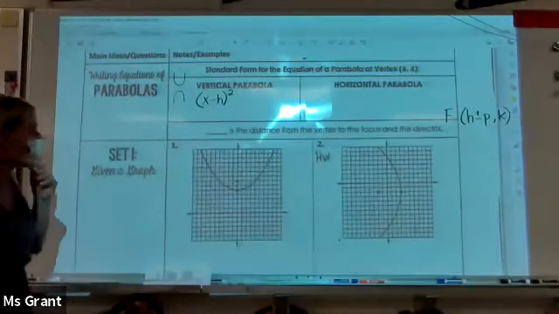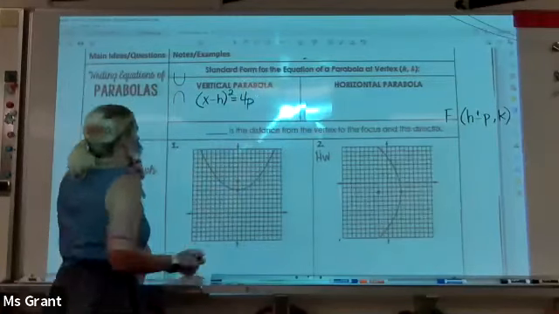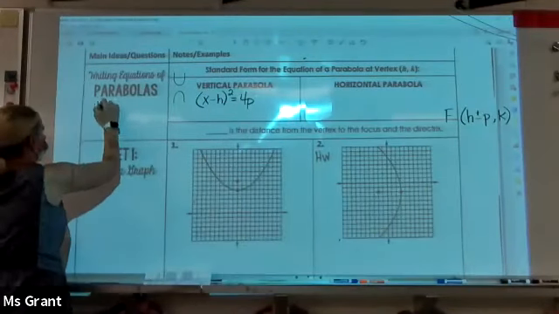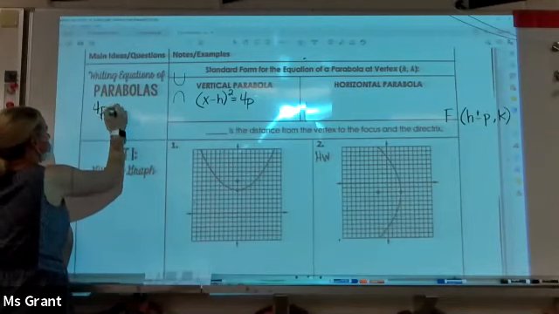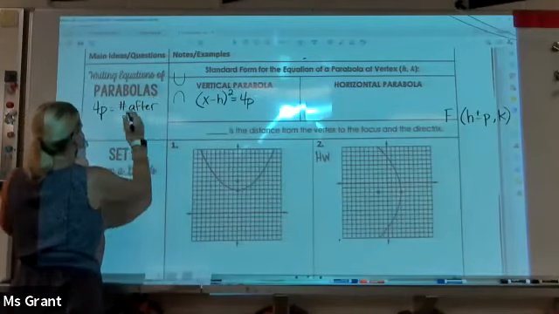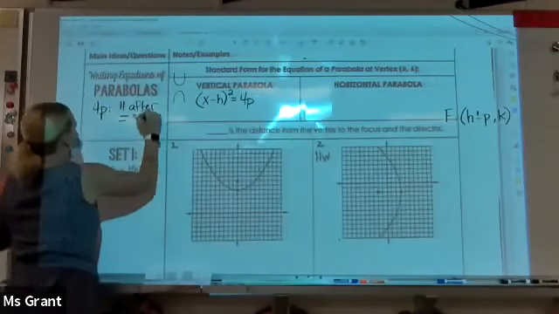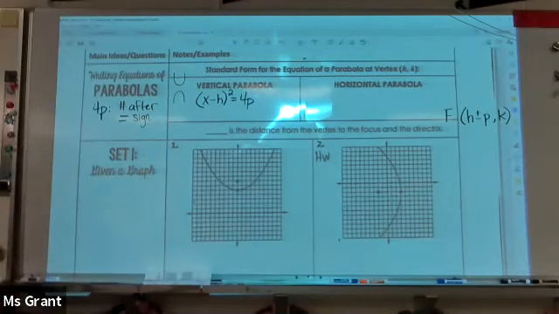And this 4p is what we're going to focus on a lot today. 4p is going to be the number after the equal sign.